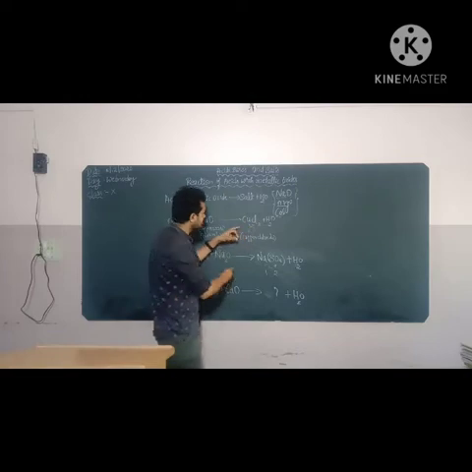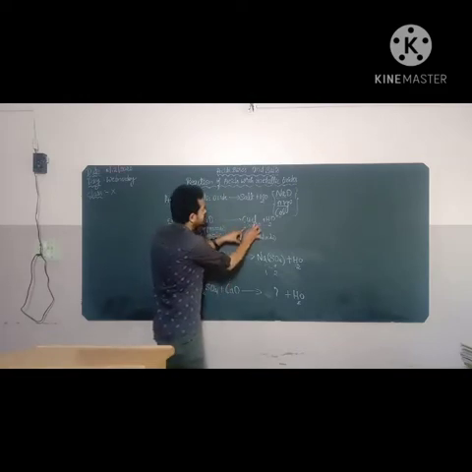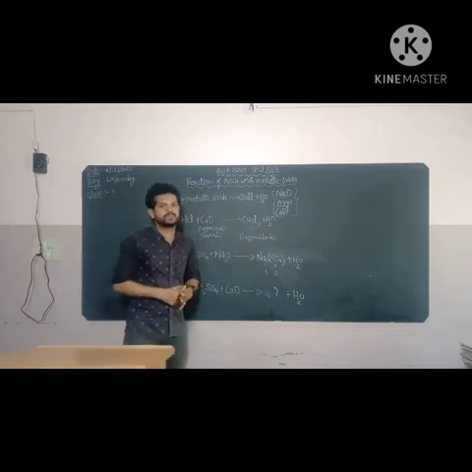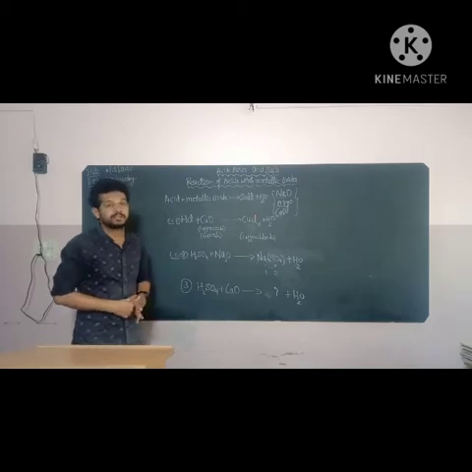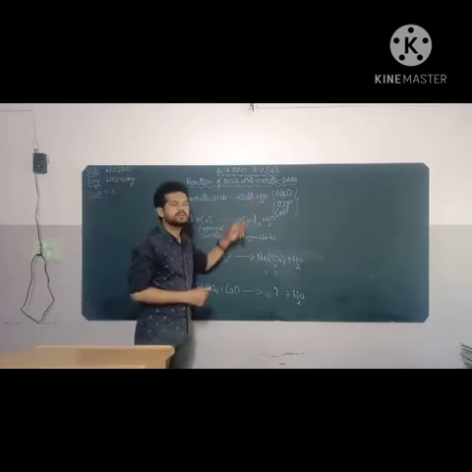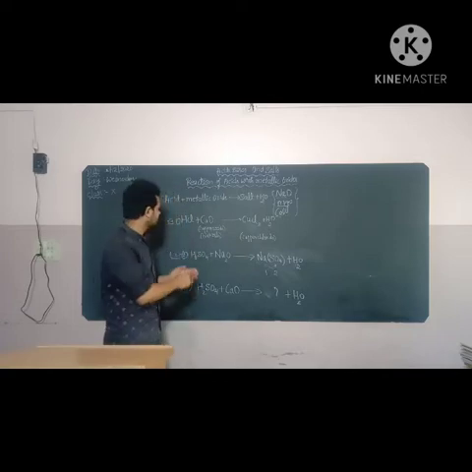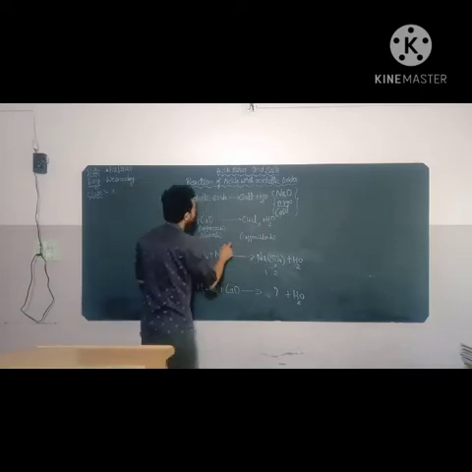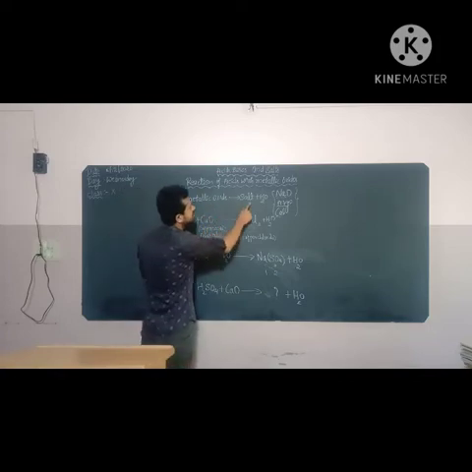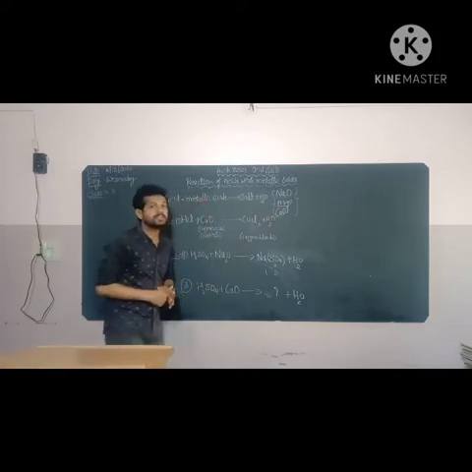Just cross it. CuCl2. So this is our final formula, CuCl2. Copper chloride, and this is a salt.